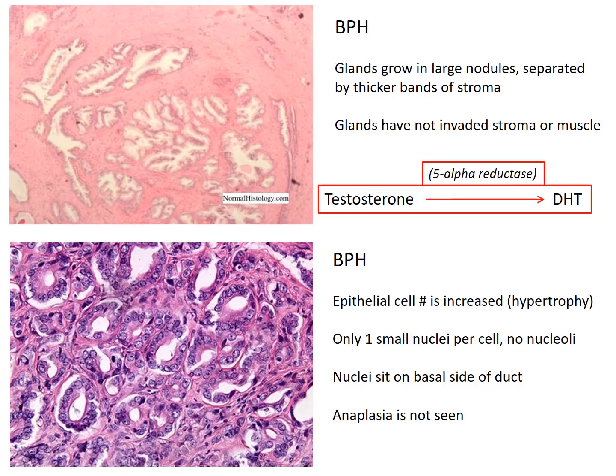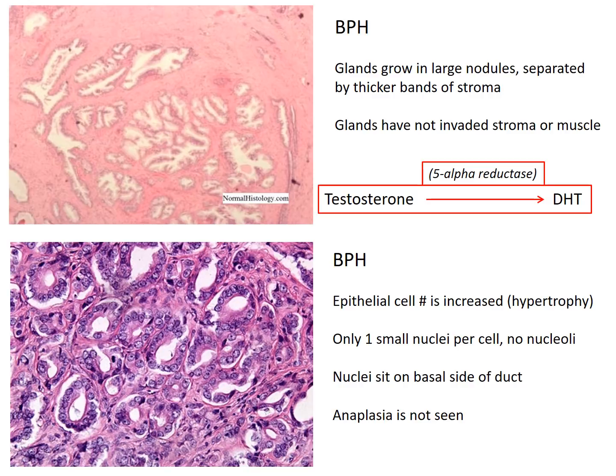BPH occurs due to increased activity of a hormone called dihydrotestosterone, DHT. So testosterone is converted by that enzyme 5-alpha reductase to DHT, and it is the DHT that's having that effect on the prostate. Pathologists will look at BPH at higher magnification, and they will be able to determine that it is in fact hyperplasia, and that the cells themselves all look like normal cells.